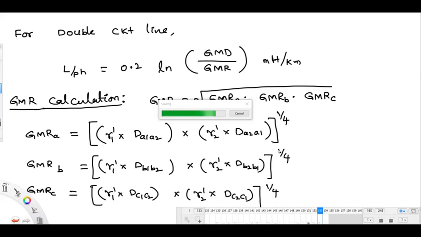Capacitance and small r are inversely proportional: capacitance is inversely proportional to area of cross section, which means pi r square, so it will be inversely proportional to radius square. Transposition is done even for double circuit lines.